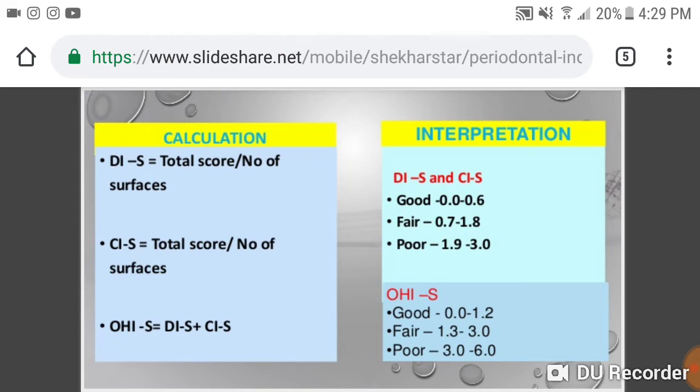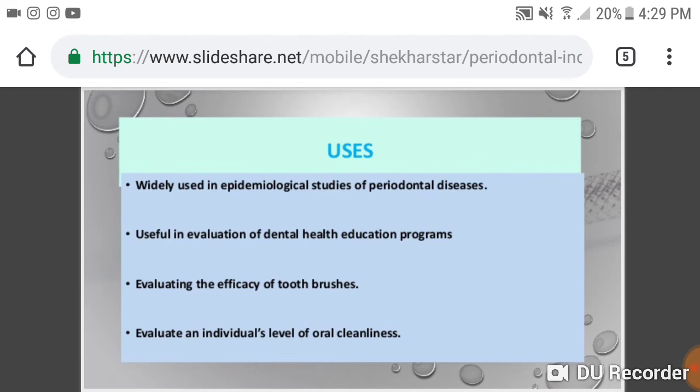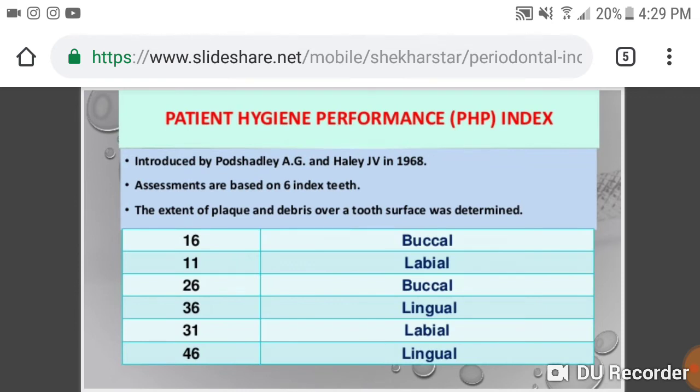For fair we have 0.7 to 1.8. For poor we have 1.9 to 3.0. For simplified oral hygiene index, we have good at 1.2 upper limit, fair at 1.3 to 3.0, poor 3.1 to 6.0. Uses: widely used in epidemiological studies of periodontal diseases, useful in evaluation of dental health education programs, evaluating the efficacy of toothbrushes, evaluating an individual's level of oral cleanliness.